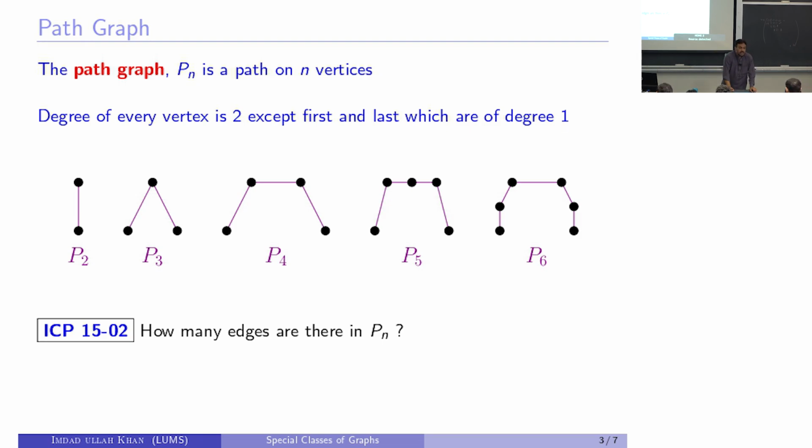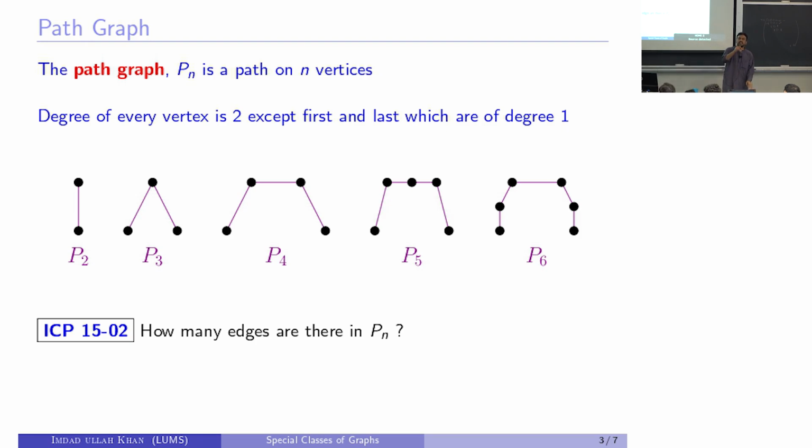Okay, so I think she wants you to use the handshaking lemma, which says the sum of the degrees is equal to twice the number of edges, right? So I don't know how to find the number of edges. Let's do sum of the degrees. The middle internal vertices have degree 2, all of them, n minus 2 of them have degree 2.